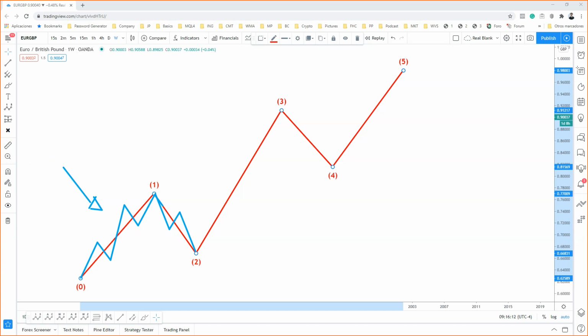Okay, so now we're making a point, because if you buy here and you buy here and you use the impulse to take profits, manage the trade, this is the right way to use the Elliott wave theory.